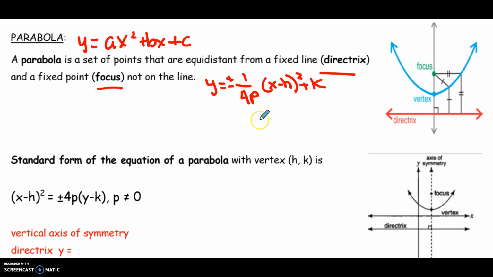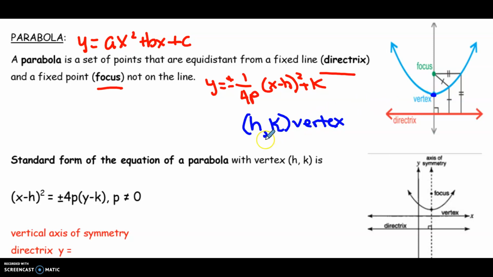And you knew that h, k, if I took out the h and kept the k how it was, that represented the vertex, which is right here. That's your vertex.